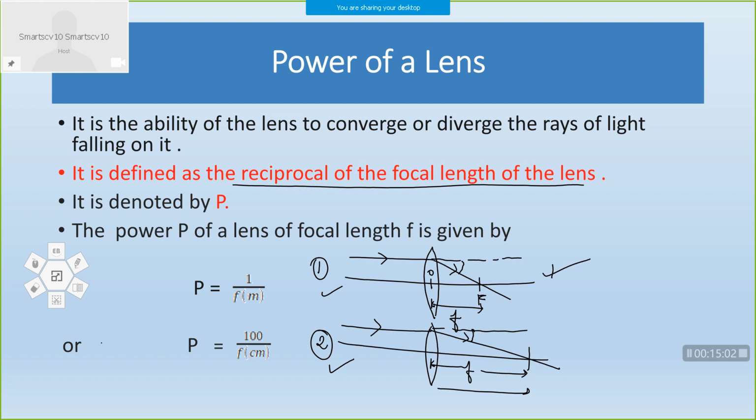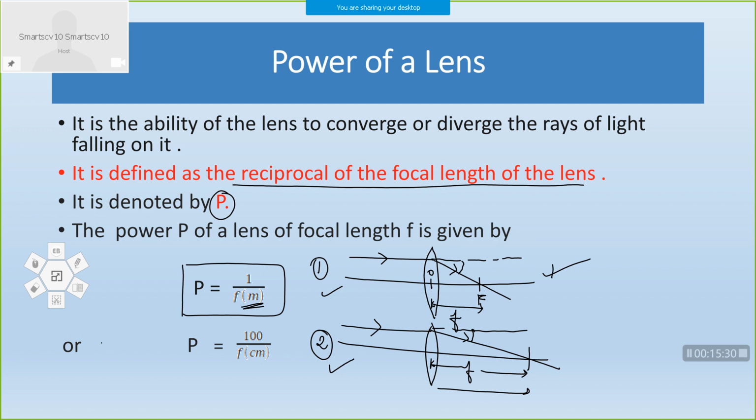Okay, children. Power is denoted by the capital letter P, and it is given by the equation P is equal to 1 by F, if the focal length is in meters. Focal length is a length, so it can be expressed in different units, like meter, centimeter, millimeter.